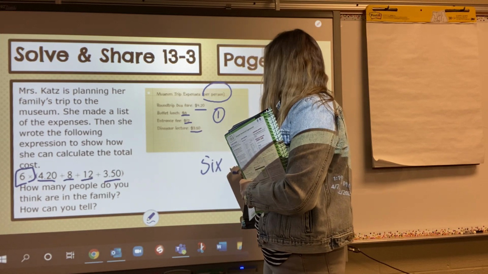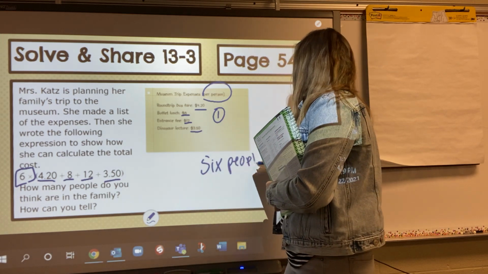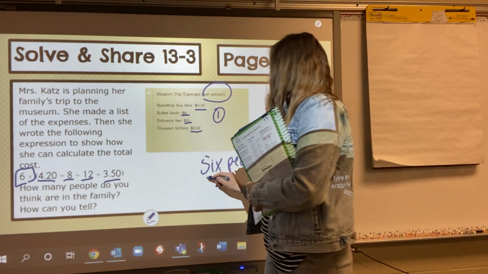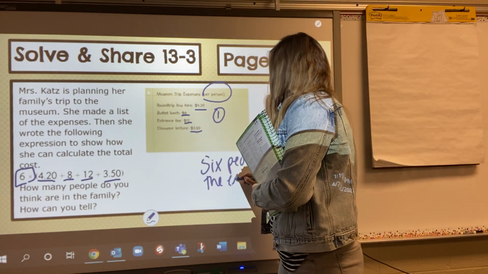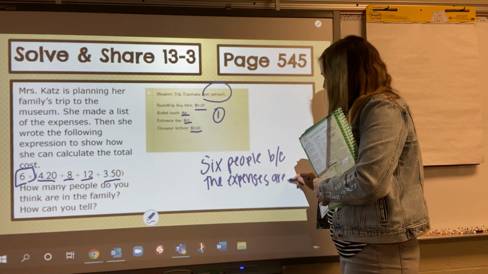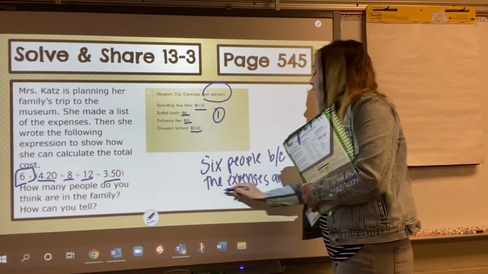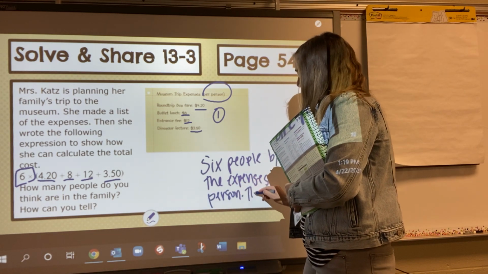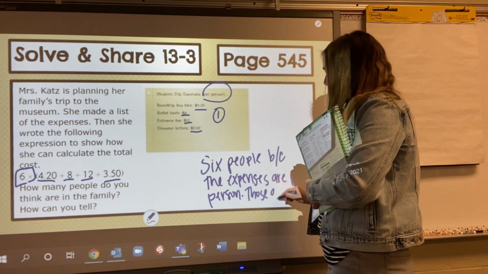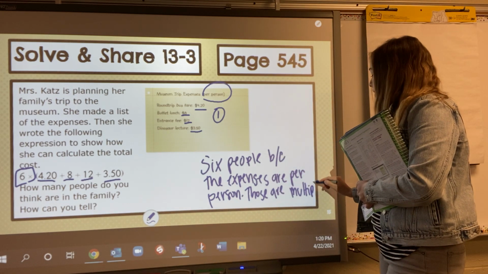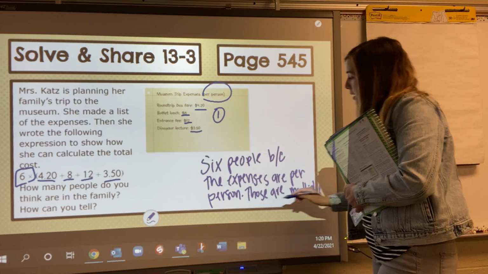So we could say 6 people, because the expenses are per person. Those are multiplied by 6.